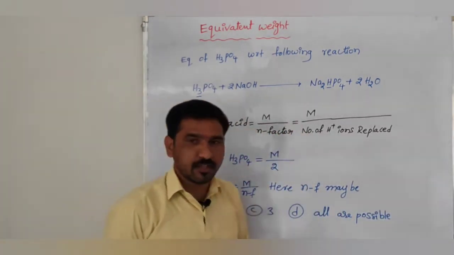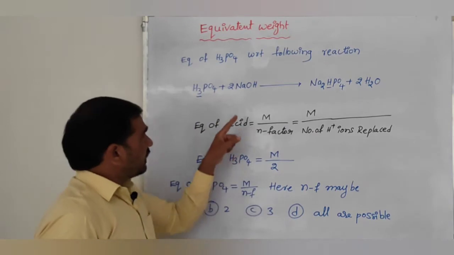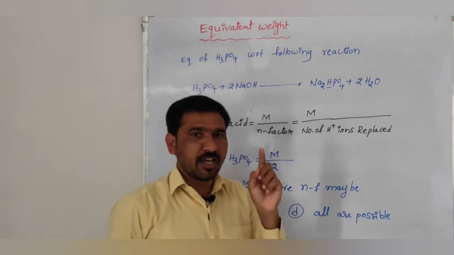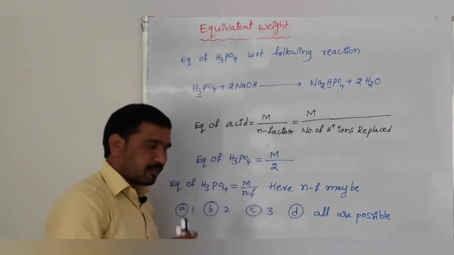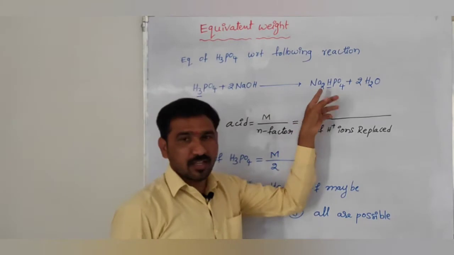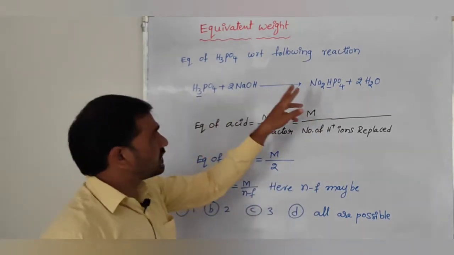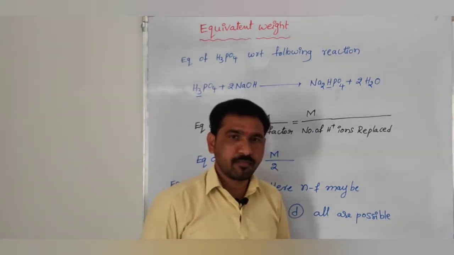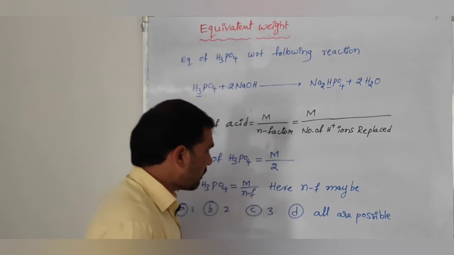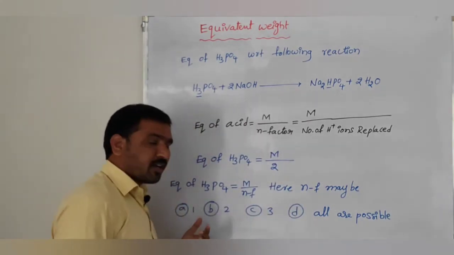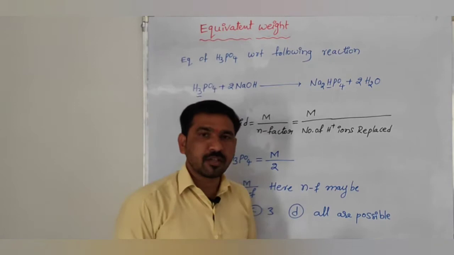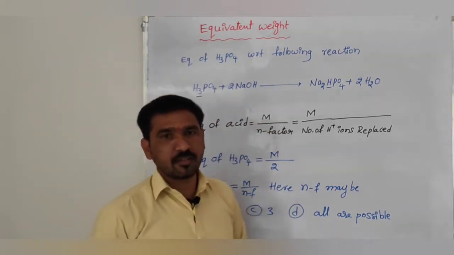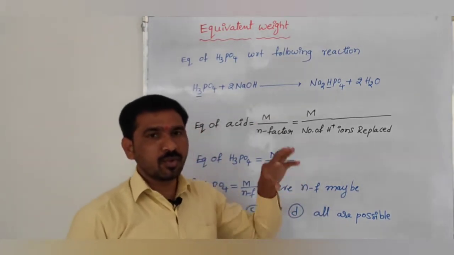Then what is the right answer here? So beta, for example, if 1 H plus ion is replaced, at that condition the n factor of H3PO4 is 1. If 2 H plus ions are replaced like this, the n factor is 2. If 3 H plus ions are replaced, then the n factor is 3. It means all are possible. The possible n factor may be 1, may be 2, may be 3. It means all are possible. Is it clear, beta? So this is very, very important, the n factor calculation of H3PO4 with respect to the reaction or normal condition.